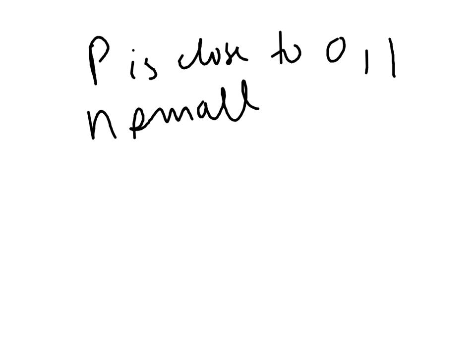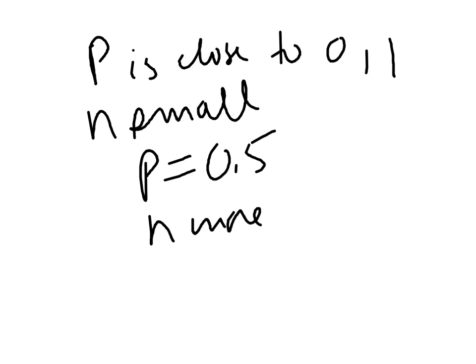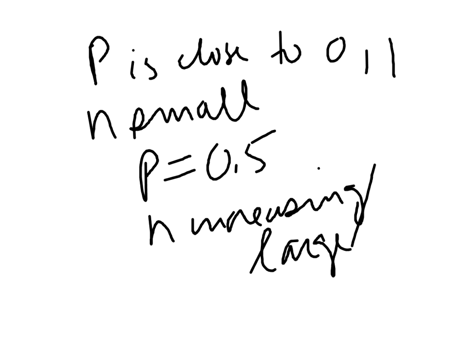So what we want is a situation where probability is equal to 0.5 and our N is increasing, or said differently, large. In that case, we can use our normal distribution or our z-tables.